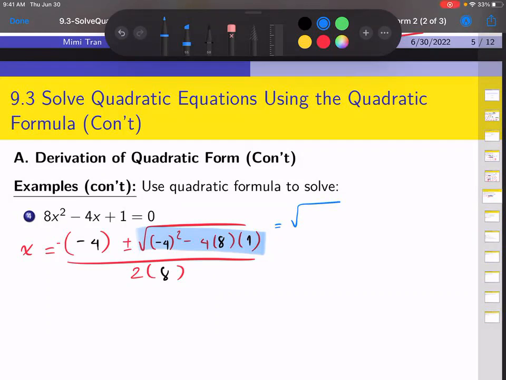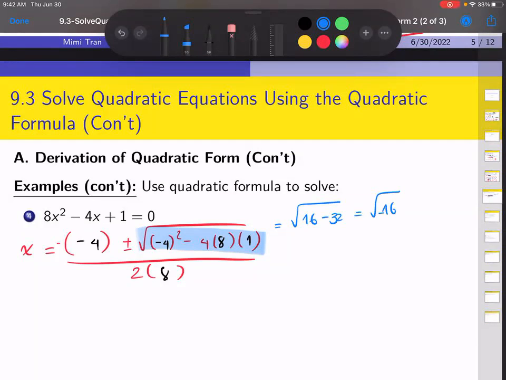If you plug in your calculator without the square root, just do the one under the square root. 64 minus 4 times 8 is 32. 64 minus, no, something wrong. Oh no, negative 4 squared is 16, I'm sorry. So 16 minus 32, that is minus 16, right?